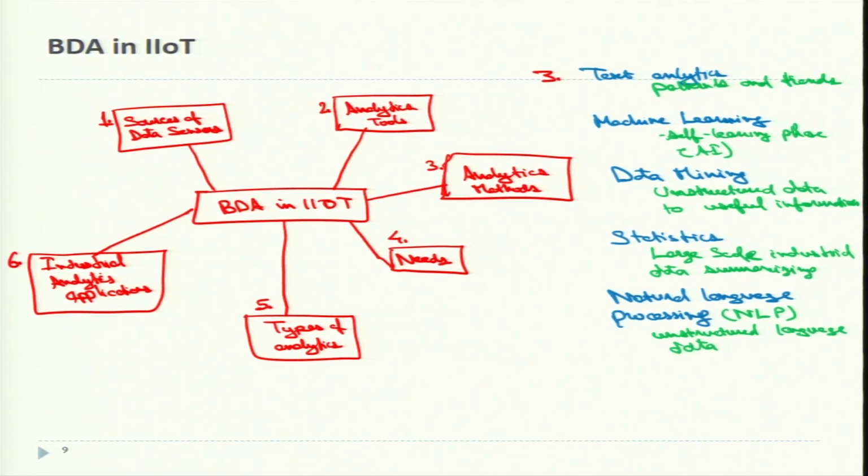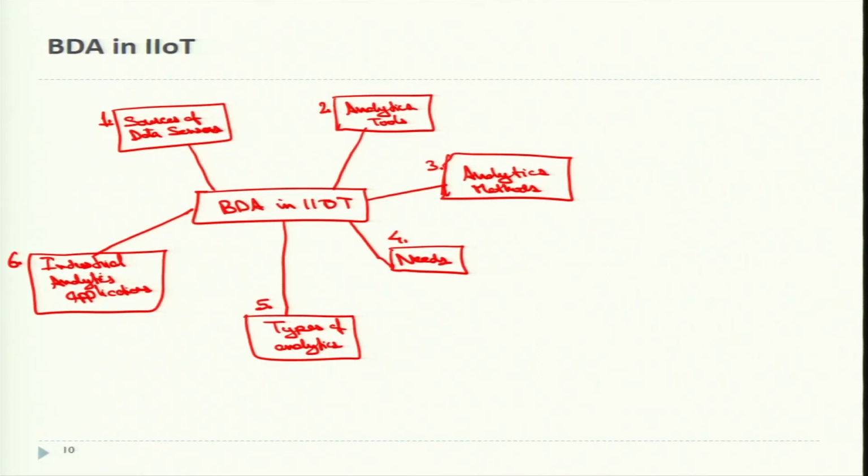Next come the needs or the requirements that the system has. In the needs or requirements, we have with us the first one as the maturity models. Then we have the architectures, specifically functional.